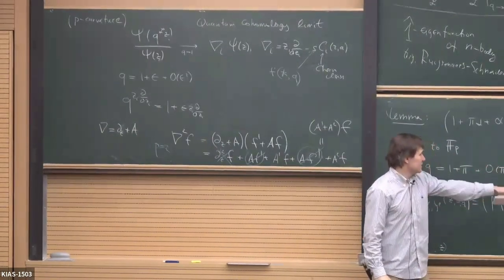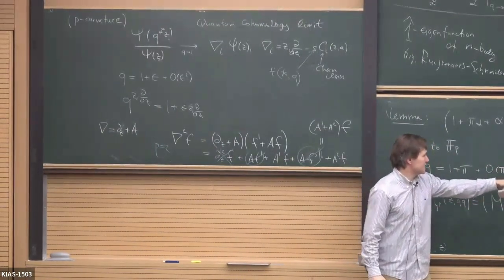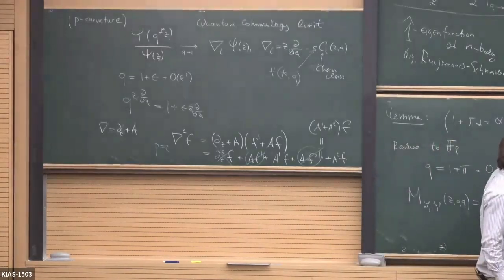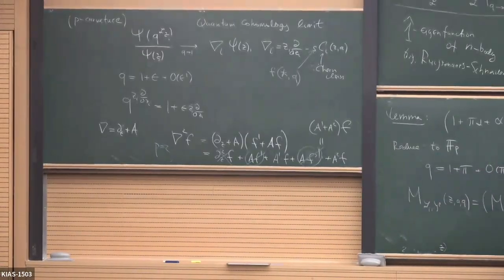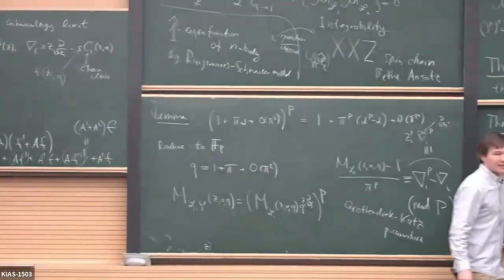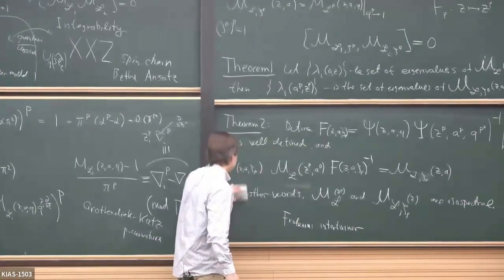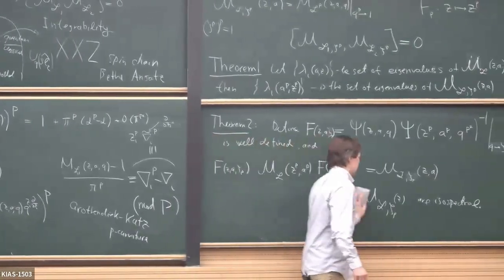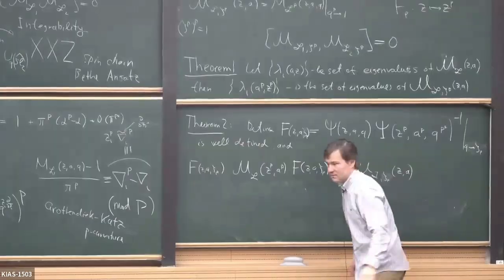It's an interesting combinatorial object in analytic number theory. And then my theorem tells you that if you take this iterated guy and reduce over this finite field, you get the p-curvature. And if you take the right-hand side, the Frobenius, you're going to get this.